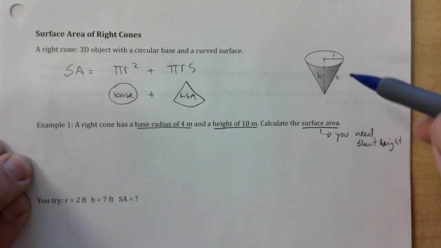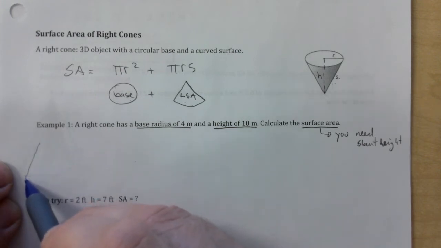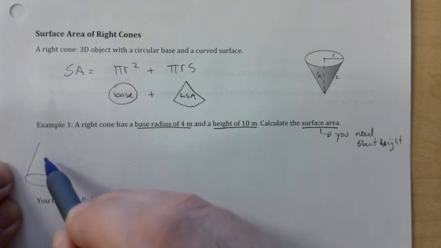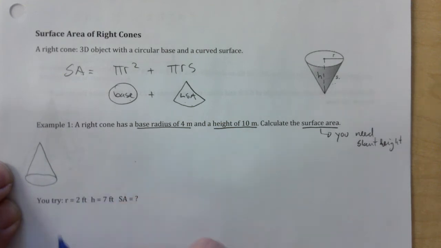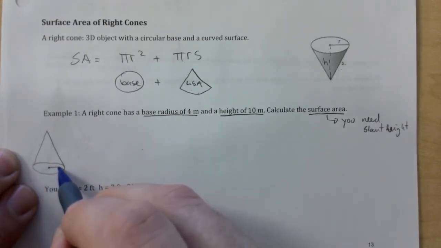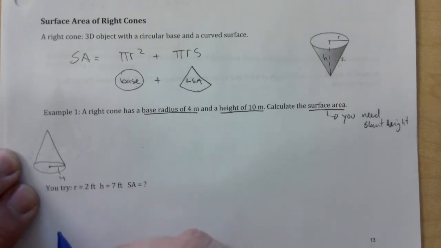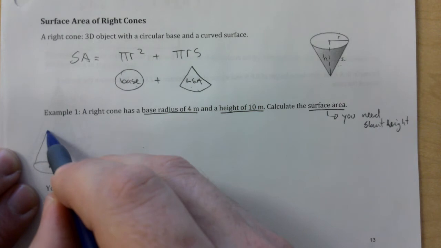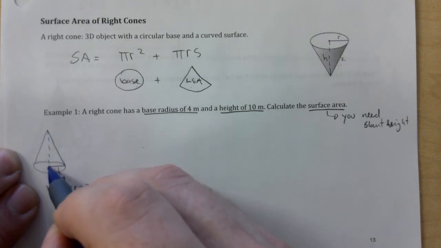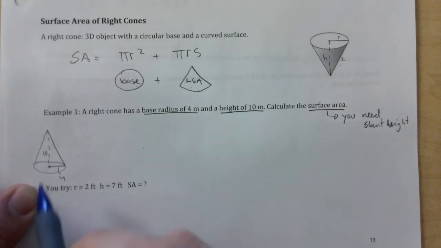So let's draw our cone just to have a visual here. If on the side you draw this, you know that this is 4. That's 4, the radius of the base. We know that down the center, this is 10, and that is our height.